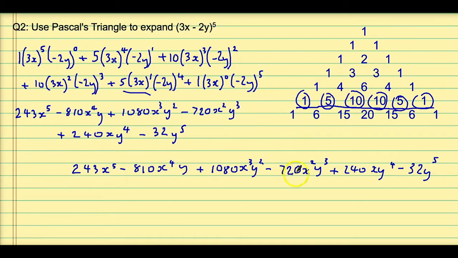Check, we've got our 6 terms here. There's 6 numbers in Pascal's triangle, and note that they go from negative, positive, negative, positive, negative, because obviously squaring a negative gives us a positive, cubing a negative gives us a negative, and so on.